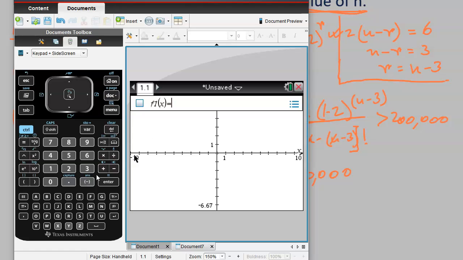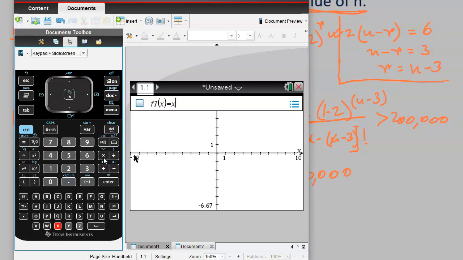So it is x times x minus 1 times x minus 2 times 1.2 raised to the power of x minus 3.